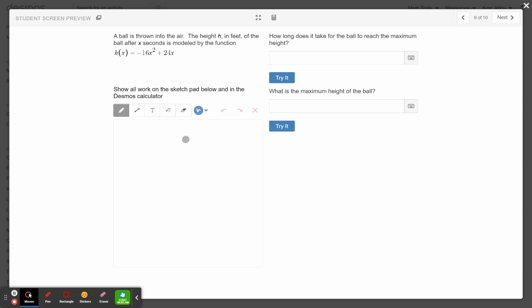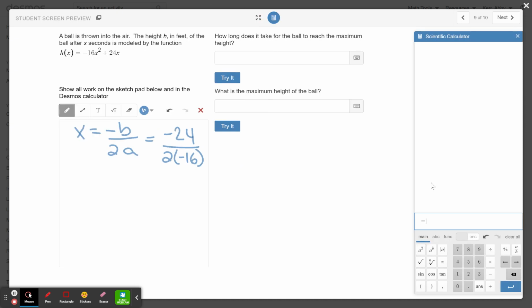Okay. So here, x equals the opposite of b over 2a. So just plug in your b and your a value.